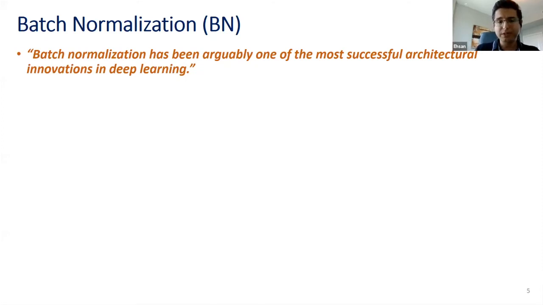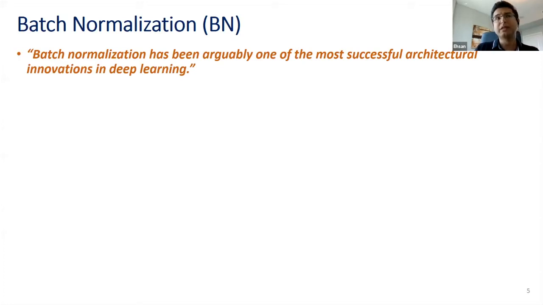But batch normalization is something that maybe 90% of the time, when you apply it to your networks, you will get better results, both in terms of generalization and training time convergence. So that's why it's very popular, and almost everyone is using that.